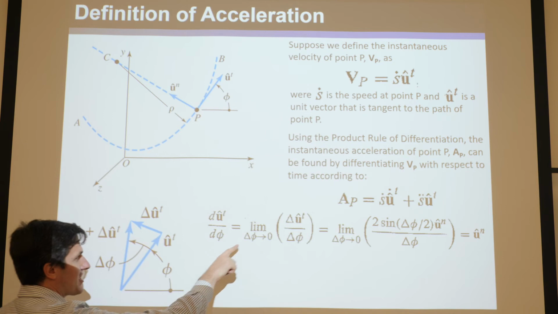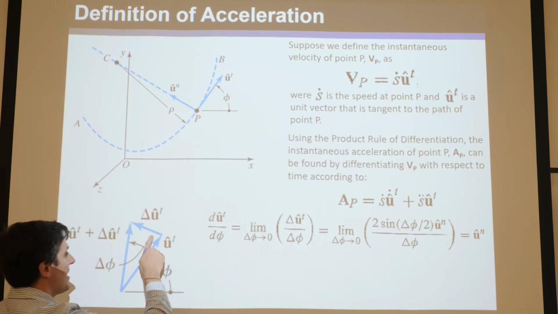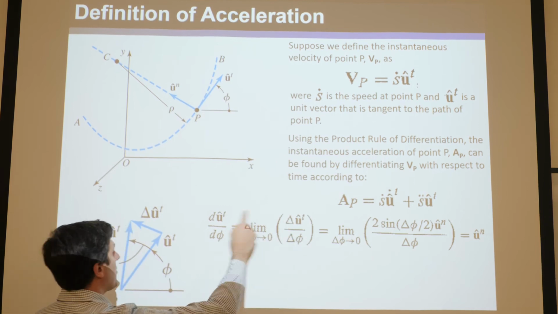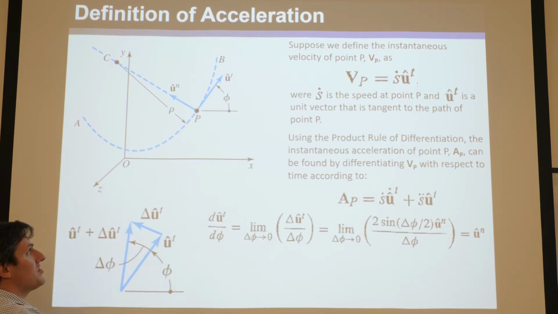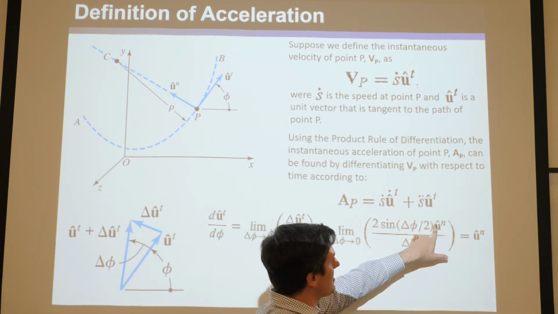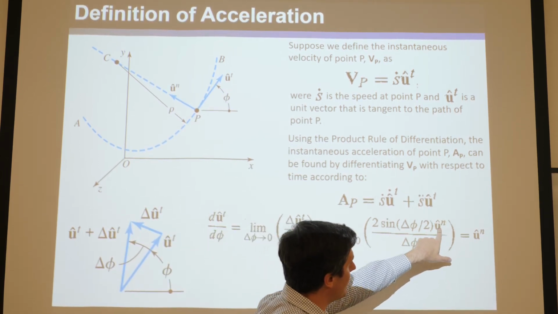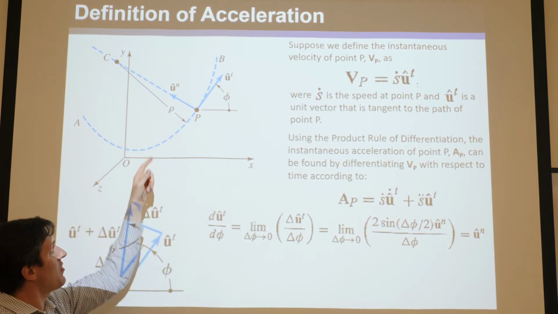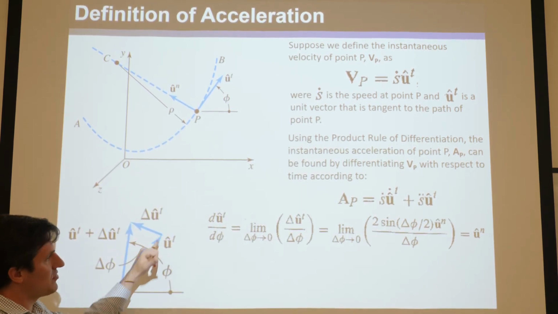So as delta phi goes to 0, this delta ut vector is always going to point normal to ut, perpendicular to it, which is why we take the magnitude of it and multiply it by u hat n. That's how we know it's in the direction of un, which is perpendicular to ut.